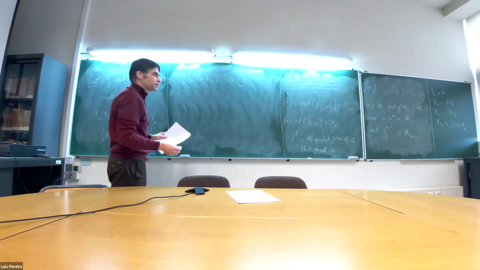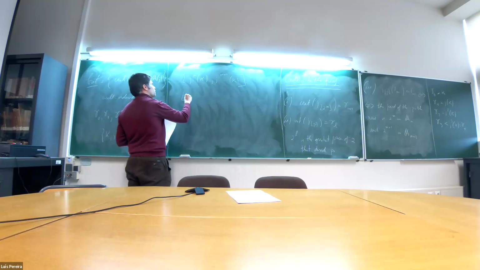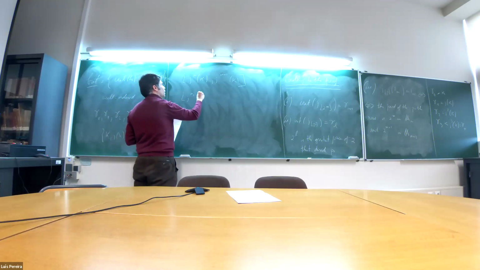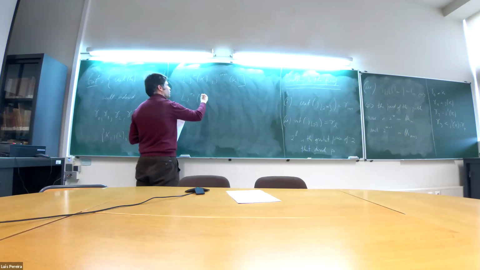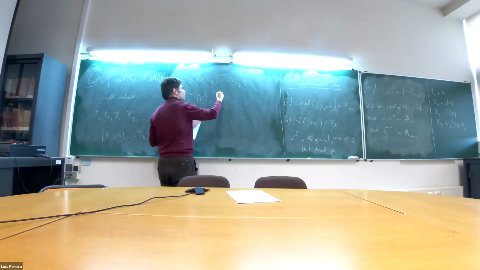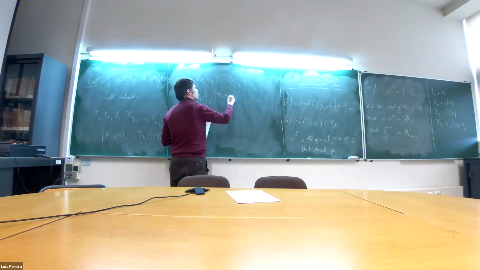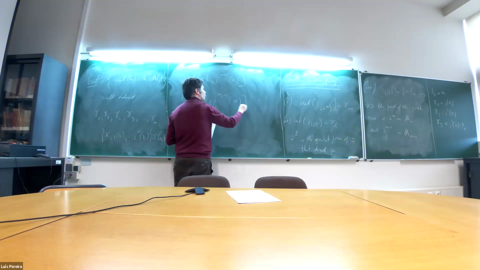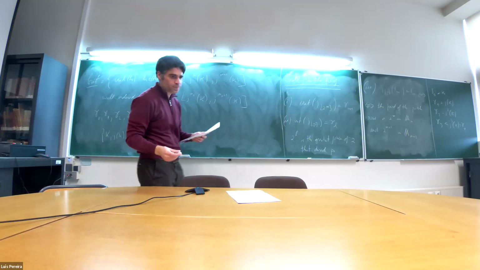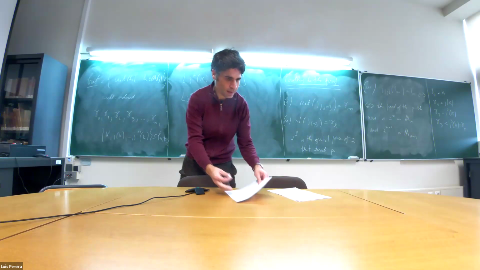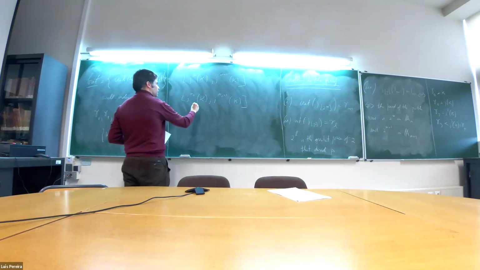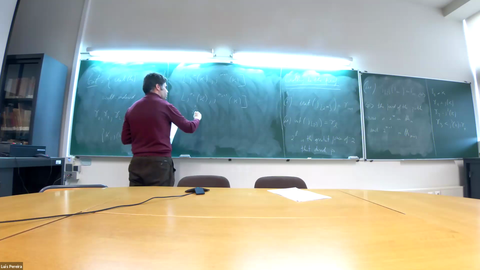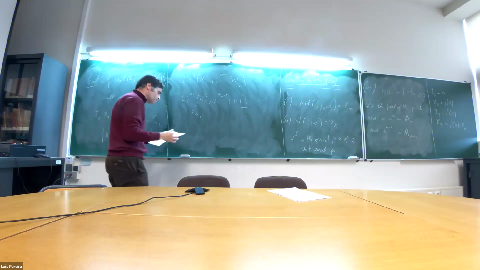Then take the first n such that there are infinitely many gammas here. So this would be some gamma m0.